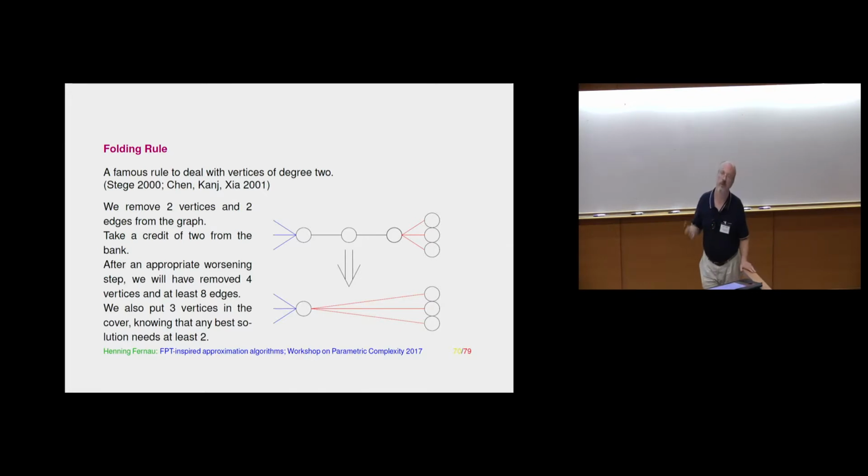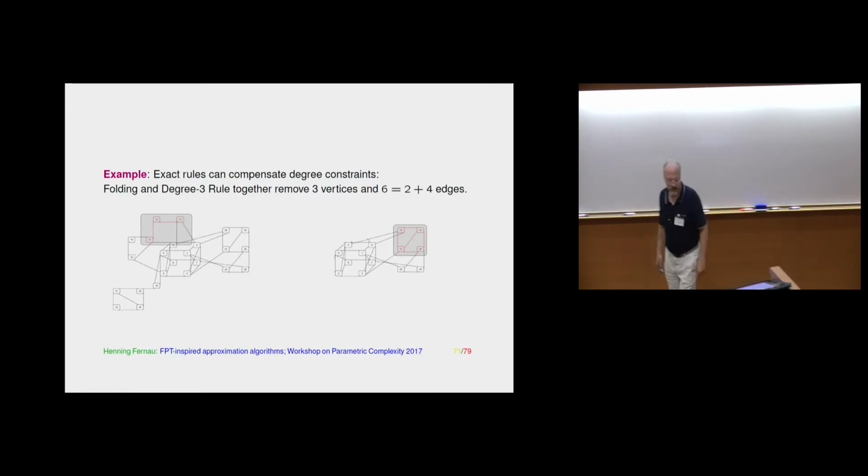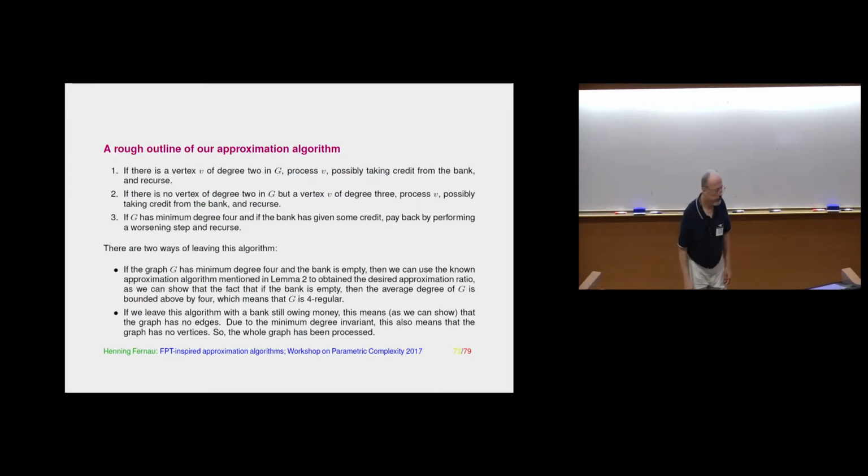And if we do appropriate worsening steps, we will have removed sufficiently many edges and vertices finally, and so that's fine. And here's this way of compensating things. Here we have the folding rule, here later we apply this rule, and altogether that's already balancing out in terms of degrees.